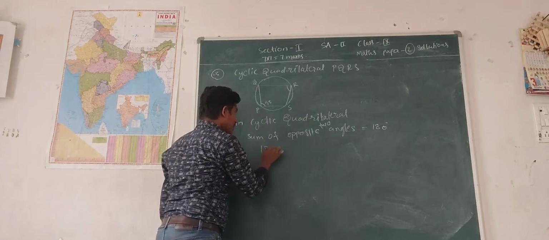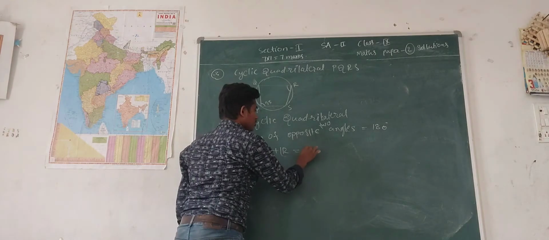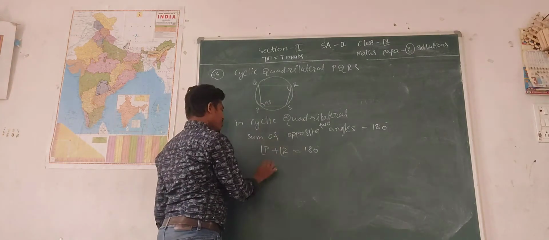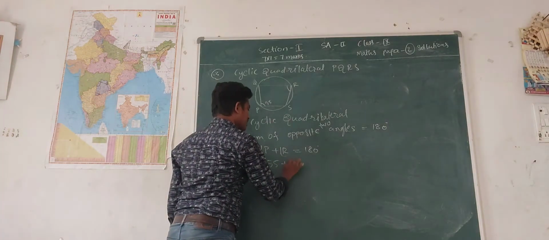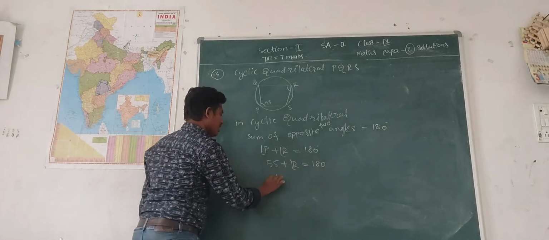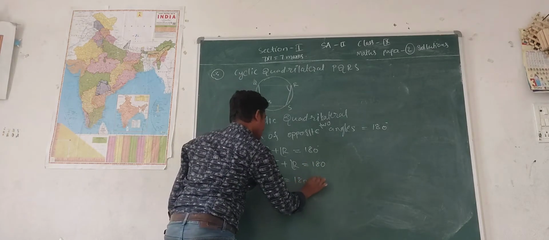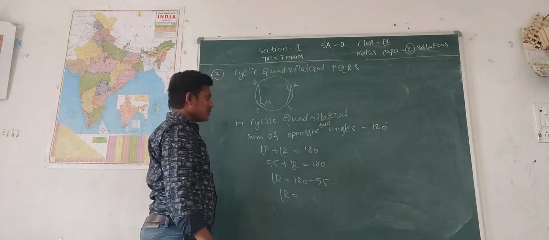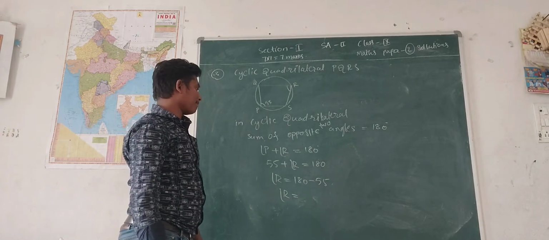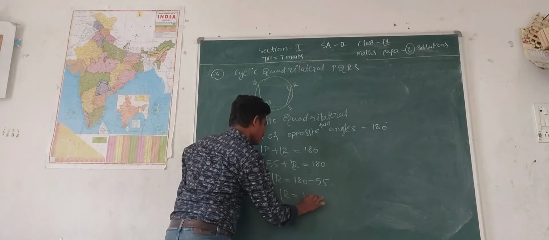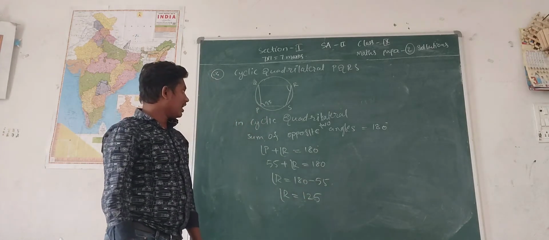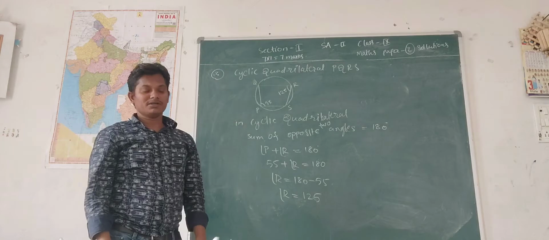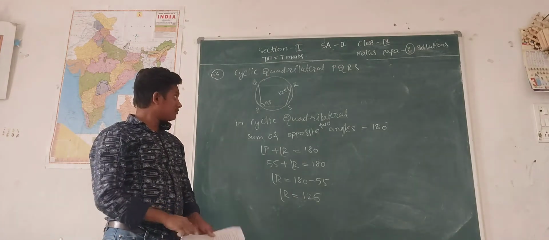So angle P plus angle R, that is equals to what? Equals to 180, and here we have to find R value, okay. Angle P is given, we have 55 and angle R we have to find. So angle R will be 180 minus 55, then this becomes equals to 125. Okay. Angle R will be what? 125. Clear this one? Okay, copy this one.